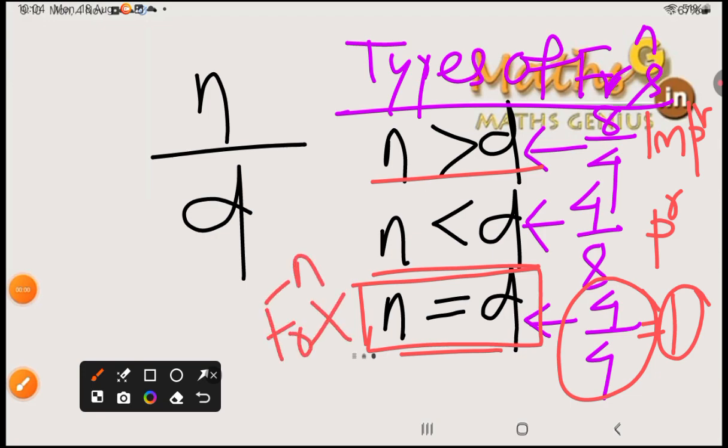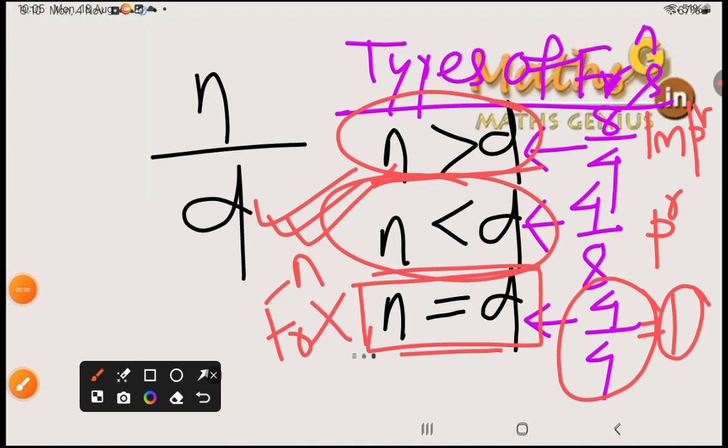Is this a fraction? No. So, in which cases will it be a fraction? Only when either the numerator is greater than the denominator or the numerator is lesser than the denominator. And whenever we talk about a fraction, we mean the proper fraction, where the numerator is lesser than the denominator.